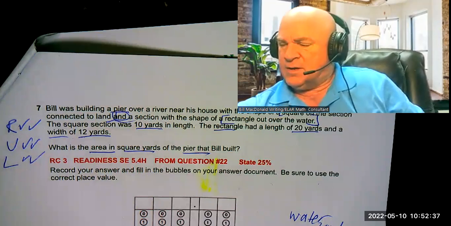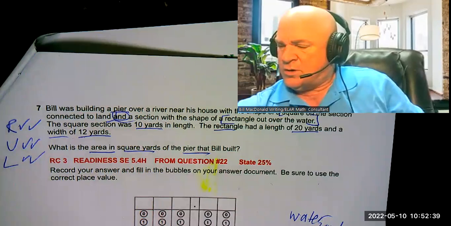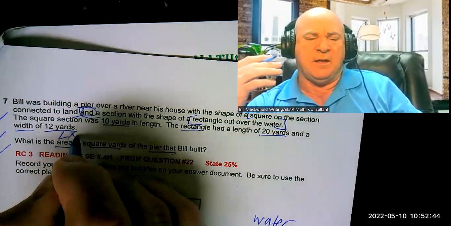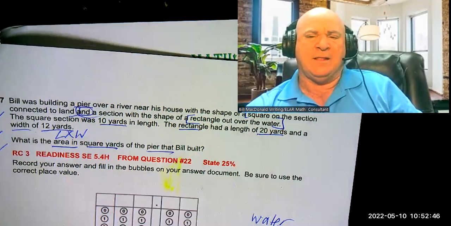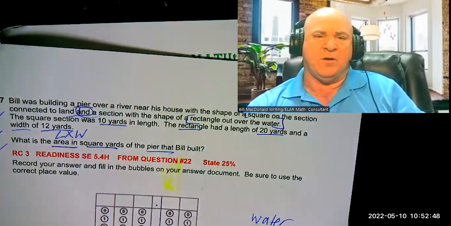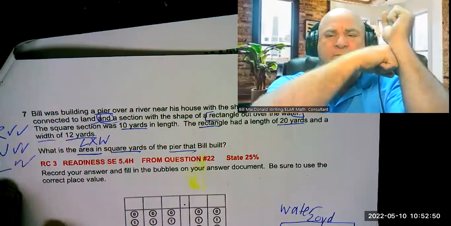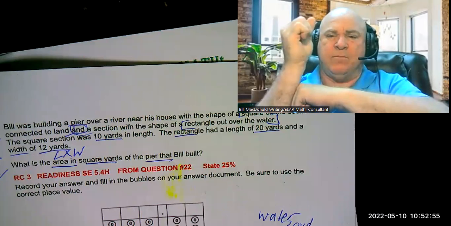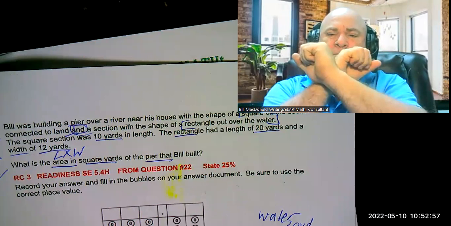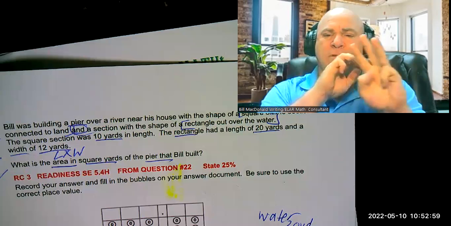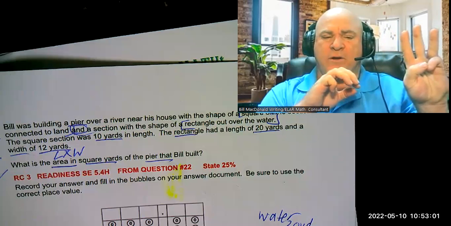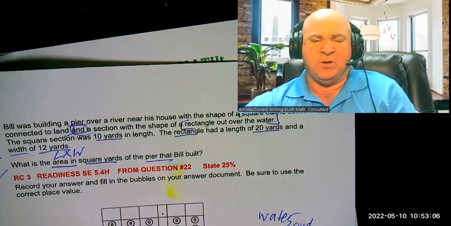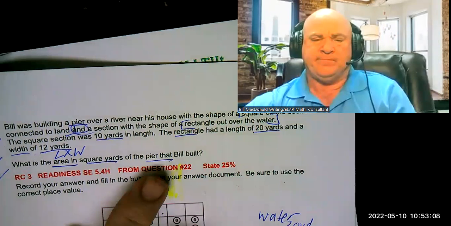And as soon as my students saw the word area, they would respond verbally and kinesthetically with length times width with their mouths, and they would do length, making an L, times width with their hands. So we know that we're not doing perimeter, we're not doing volume.